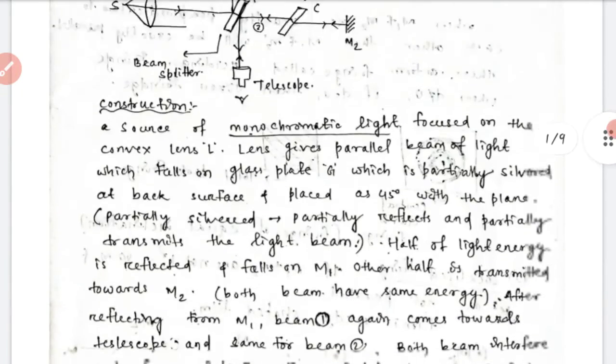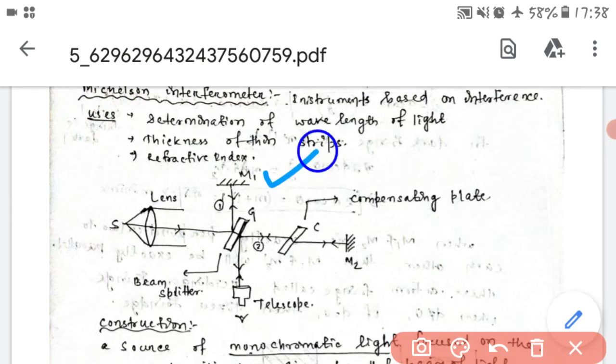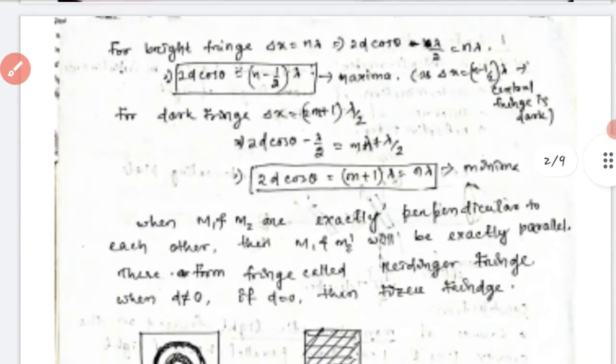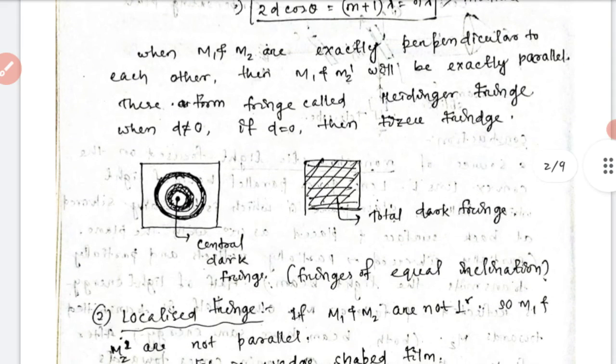Here we have seen in the figure, if M1 and M2 are perpendicular to each other, then the virtual image of M2, that is M2 dash, will be parallel to M1. This fringe is called Haidinger fringe, or a circular fringe, or we can also call it fringes of equal inclination.